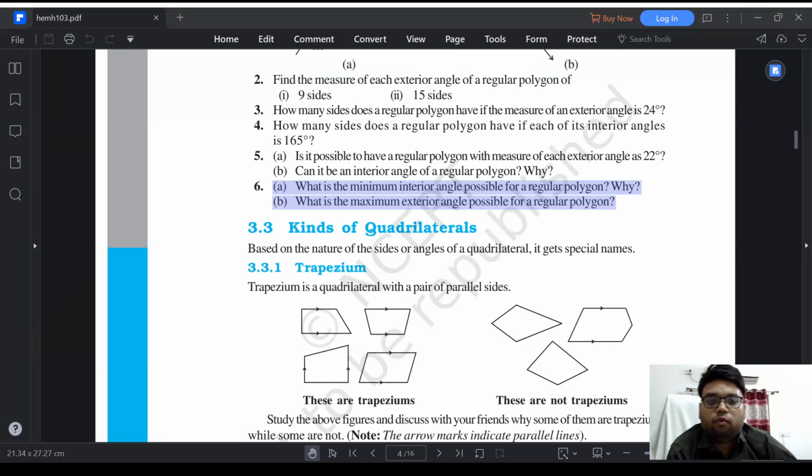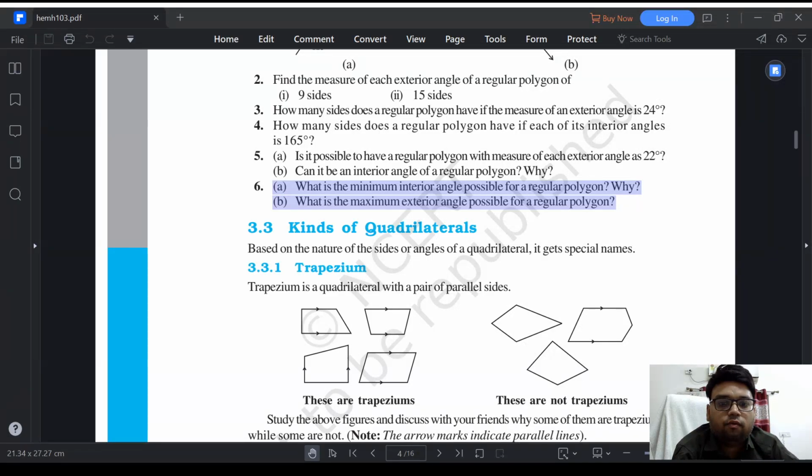It is simple: n minus 2 into 180 degree divided by n. Here n is equal to 3, so 1 into 180 divided by 3. So each interior angle will be equal to 180 divided by 3, which is equal to 60 degree. This is your answer to this particular question.